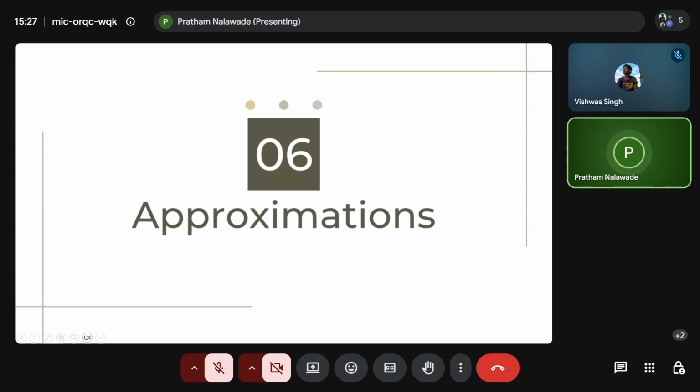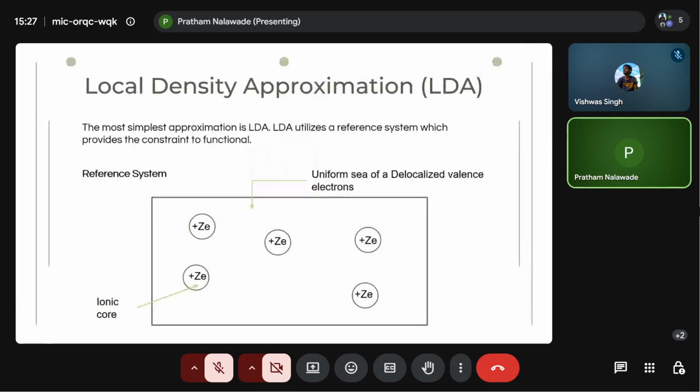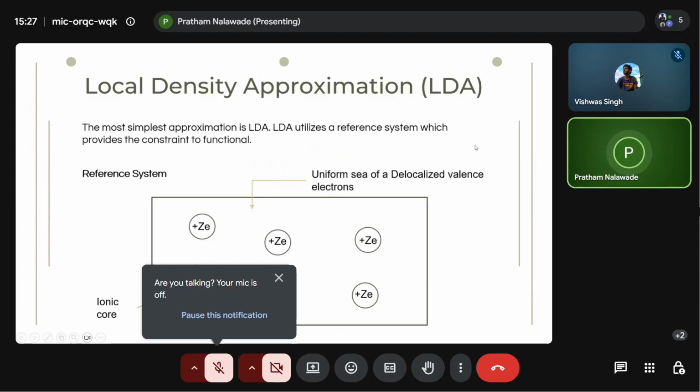So how to get this last term? Here the approximation starts. Until this point, density functional theory was exact, but because of this approximation, it becomes inexact. The first approximation is called the local density approximation.